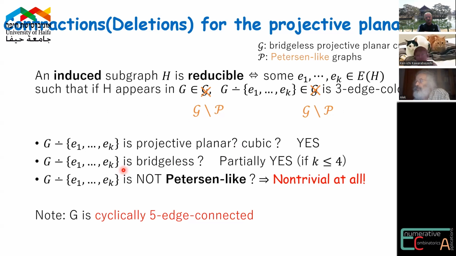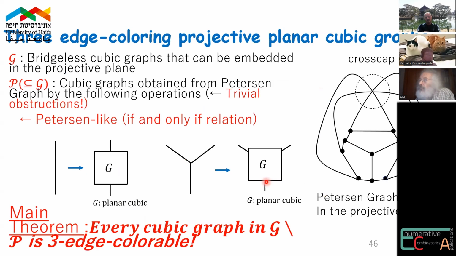That we have to check a little bit more, but it's not that hard. The hardest one is the following: is it actually Petersen-like? Well, that's non-trivial at all. That's what we were stuck on for a while. Essentially, we need to make sure, right? If we end up with a Petersen-like graph, that's a problem because we can't really color it.